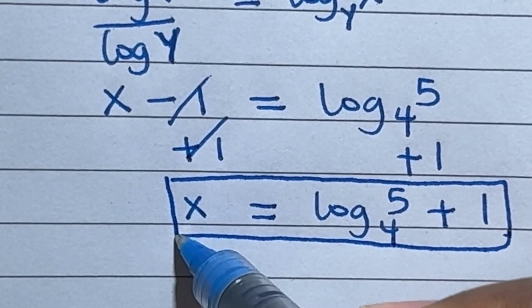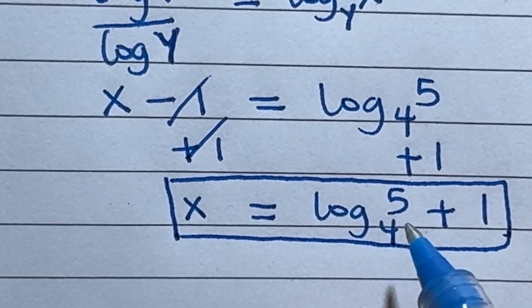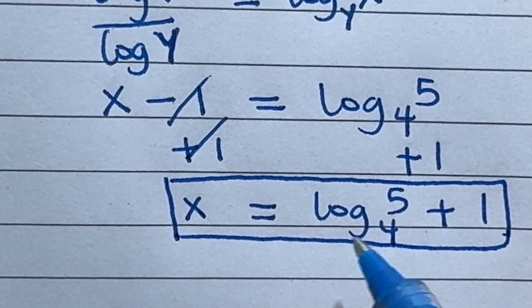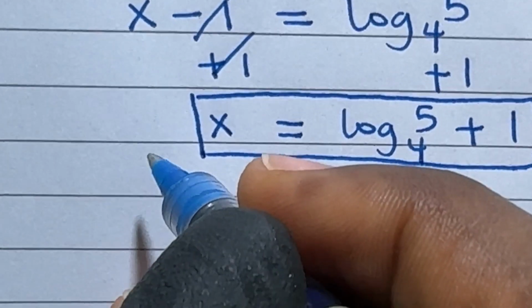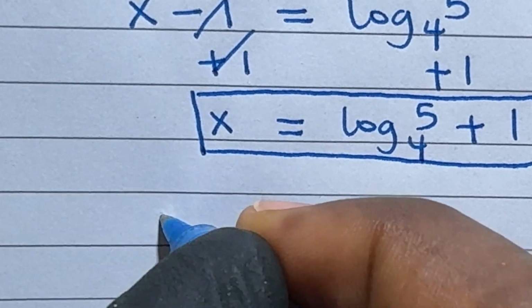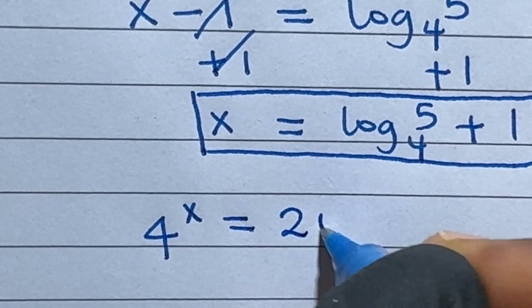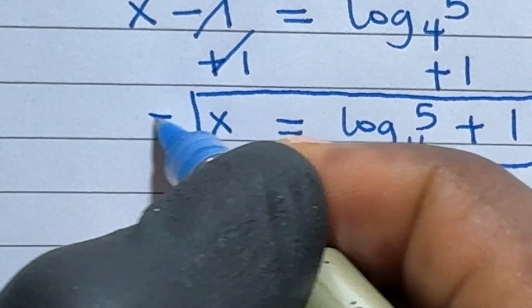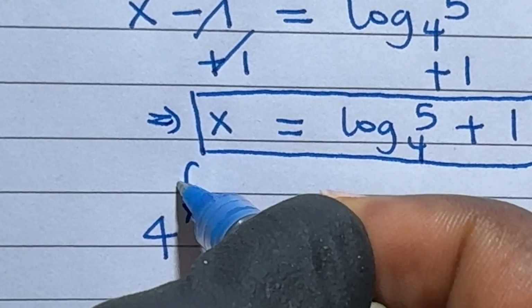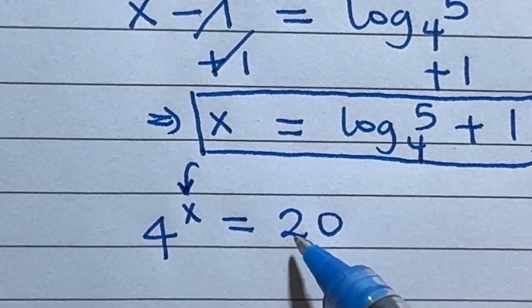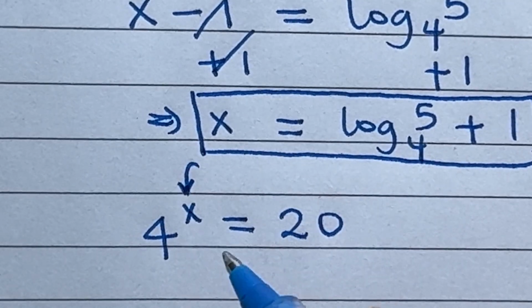And now to confirm that log 5 base 4 plus 1 is a solution to 4 raised to power x equal 20, let us put this value into this x and it must give us 20.